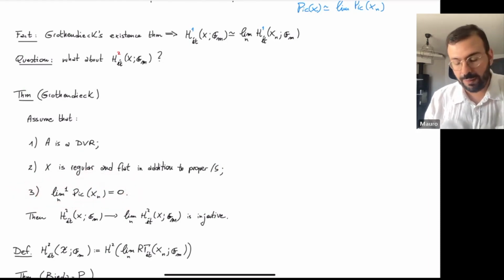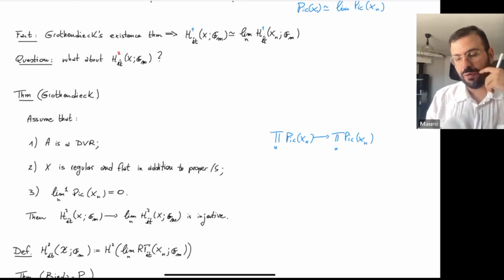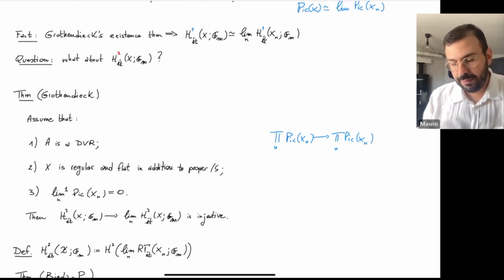If you don't know what a lim1 is, it's this. You have the infinite product of Pic Xn, and here you have a map that sends a sequence ln to the sequence ln minus ln plus 1 restricted to Xn.